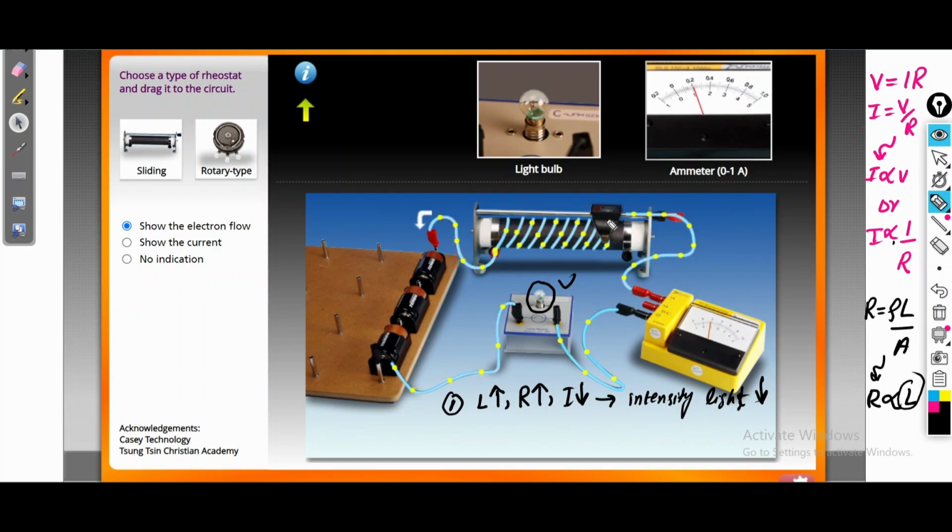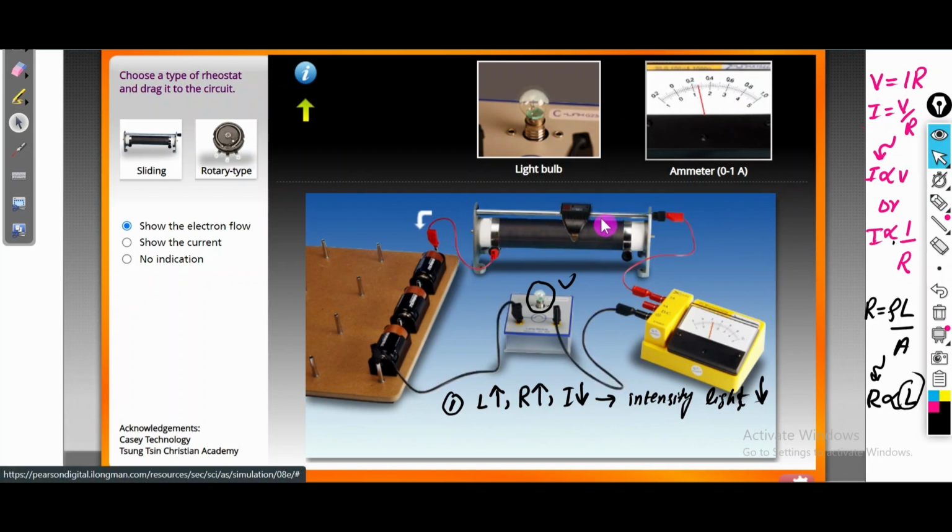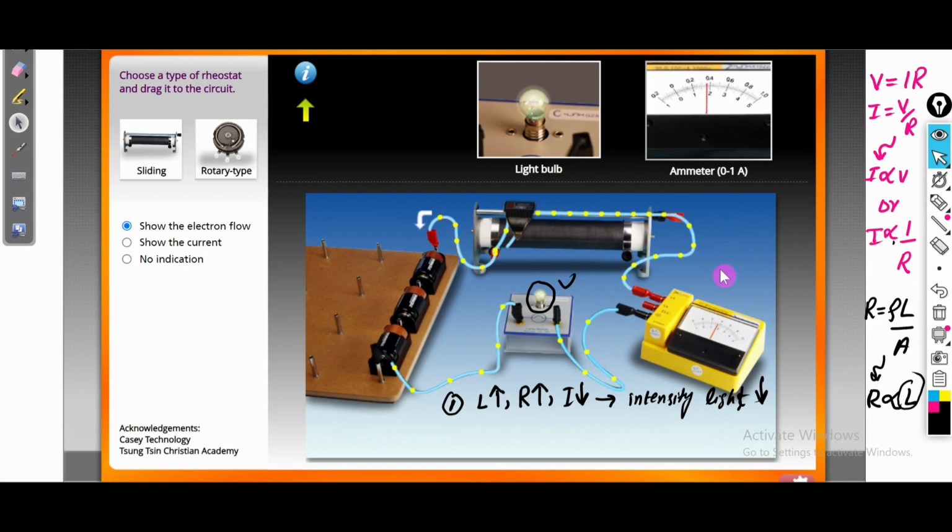Now if I move this sliding contact toward this point, what will happen? We are going to discuss that. Now in this case, with respect to the original case, this is case 2.